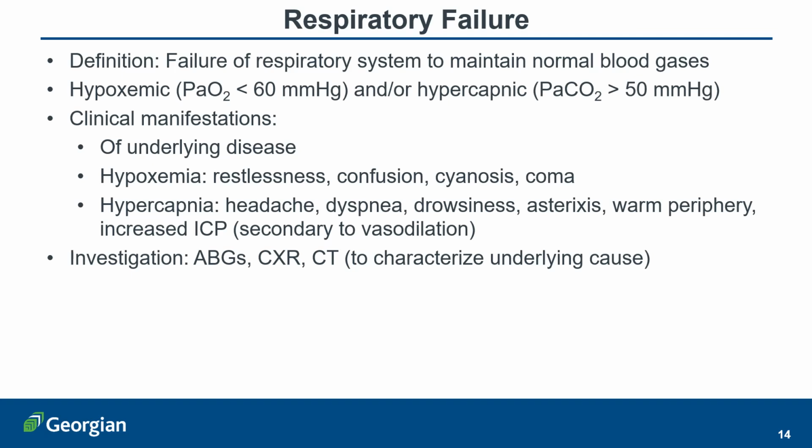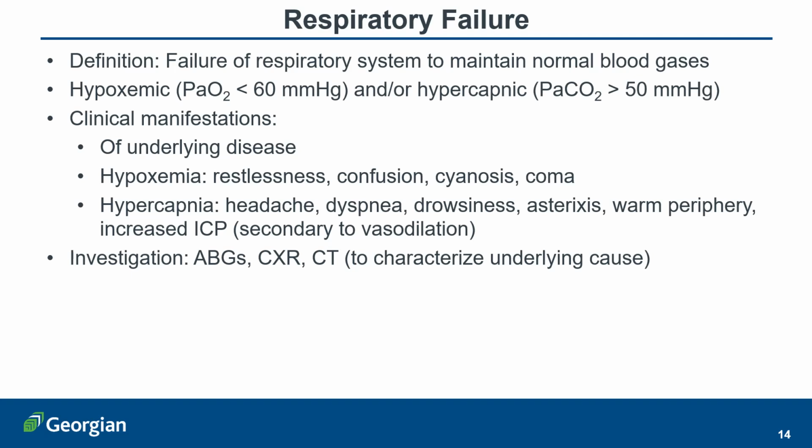Well, it really depends upon what the underlying disease is. But generally speaking, in hypoxemic respiratory failure, you have the lack of oxygen delivery to the various organ systems in the blood, especially to the brain, resulting in restlessness, confusion, cyanosis in the peripheral tissues, all the way to a coma.